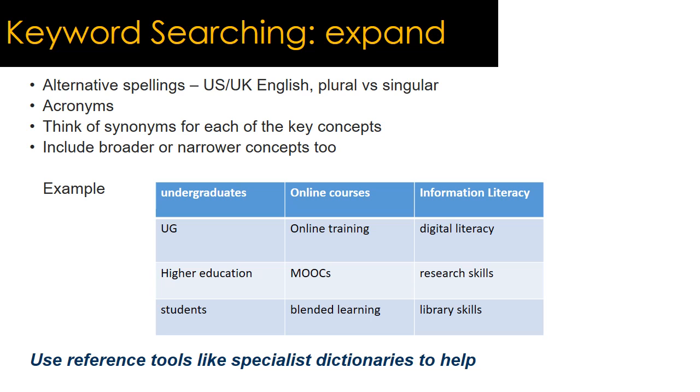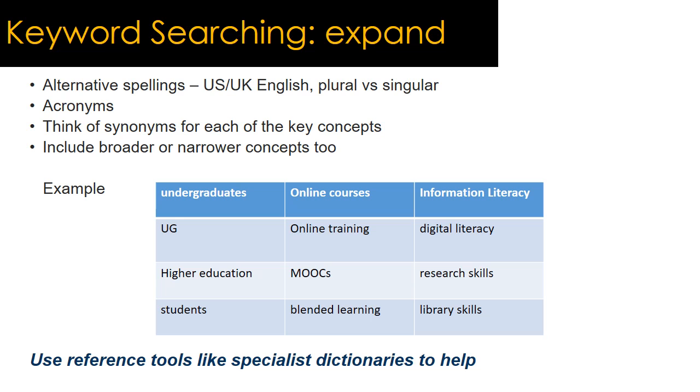So for our example, we can think of different terms for each of the key concepts quite easily. So for undergraduates, we might think of the shortened version UG, or broader terms like students or higher education. For online courses, we might consider also online training, MOOCs, or blended learning.